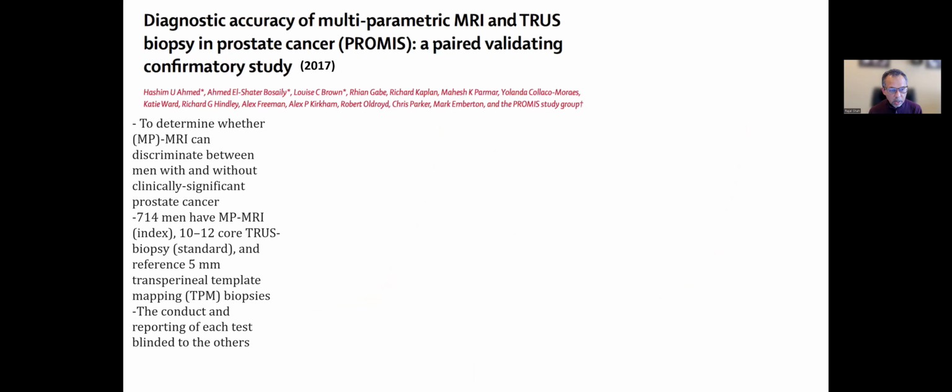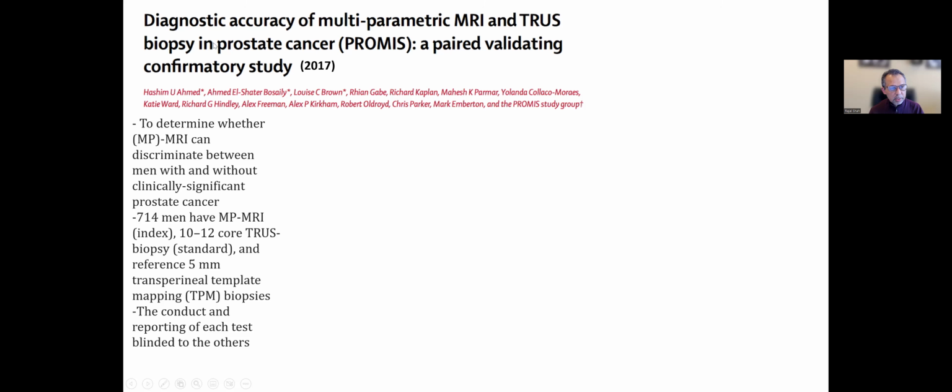So there have been 3 clinical trials which have validated the utility of multiparametric MRI. I'm going to provide you very succinct details for these 3 trials. The first clinical trial is called PROMIS. It is a UK-based study which aimed at the diagnostic accuracy of multiparametric MRI and transrectal ultrasound biopsy in prostate cancer, a paired validating confirmatory study.